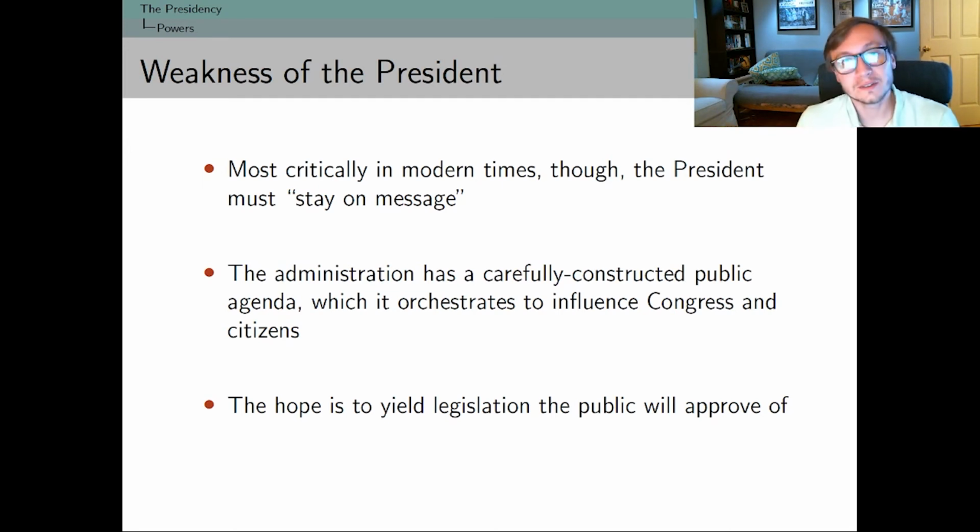This is a very difficult task, actually, for presidents. And it's one reason why so many presidents, going back to that first discussion of presidential character, view their role so differently, right? Some presidents see these challenges of trying to stay on message, trying to win over the public and win over Congress and get things passed, as being incredibly pressuring.